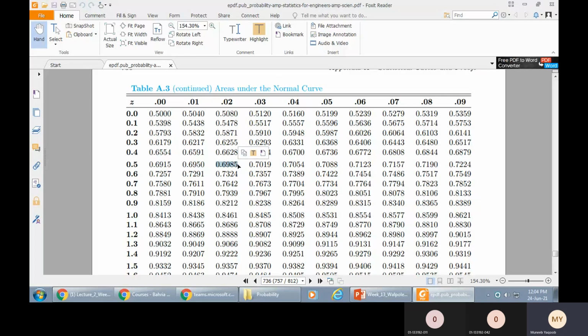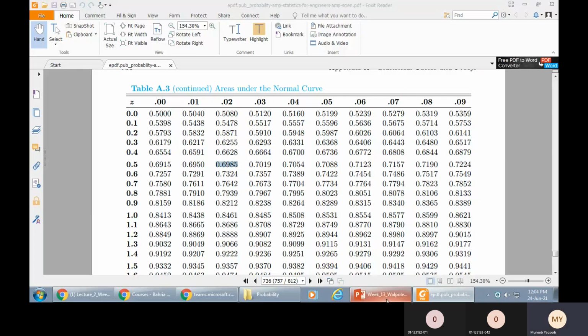Now to calculate the probability for minus 0.52, we subtract this probability from 1. So the probability of Z less than minus 0.52 is equal to 1 minus the probability of Z less than 0.52, that is 1 minus 0.6985, and hence we get the result 0.3015.